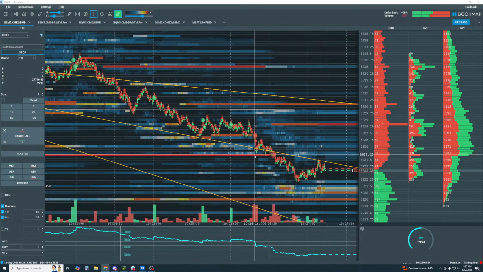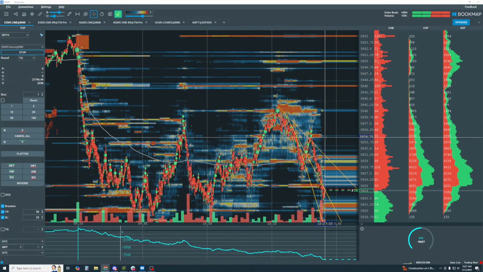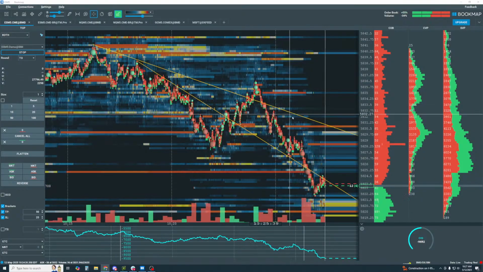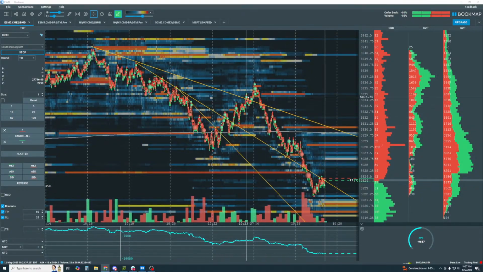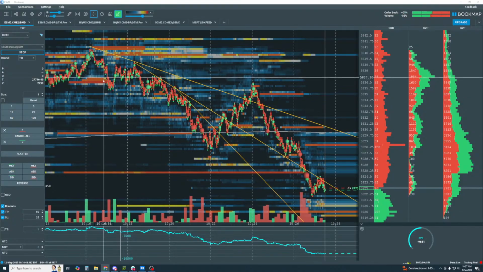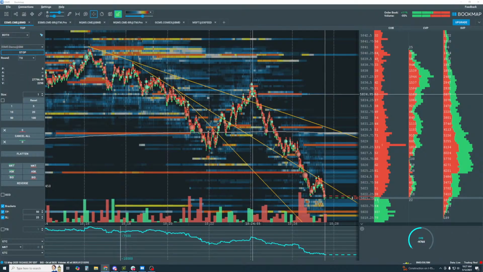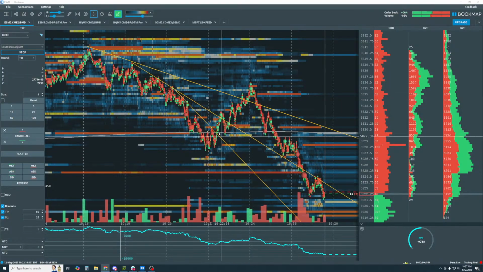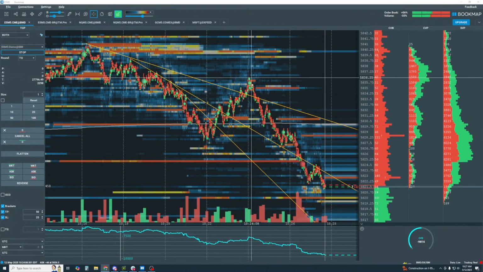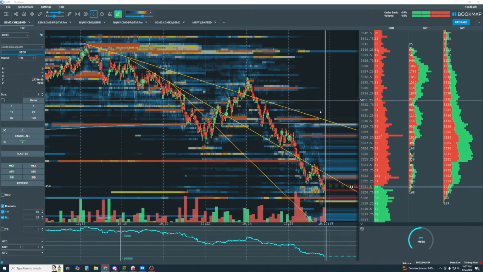All right. Let's jump back in here and see what's happening. Again, we were looking at this in here, and we didn't really see what we wanted to see. It's obviously hindsight now that this continued to trend down, right? But we saw something in here potentially for this move to the upside, and that played out.